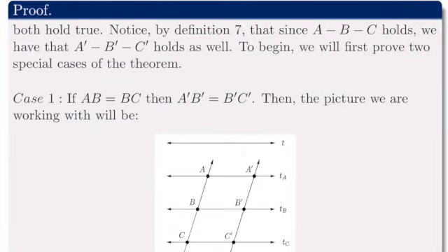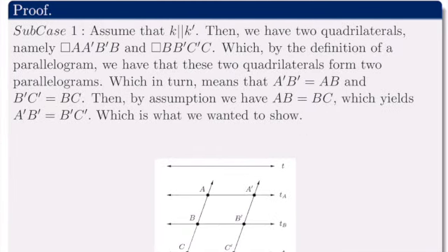So this actually concludes the first case of the theorem. Going back, in our first case we wanted to prove that the distance between A and B equal to BC implies that the distance between A prime and B prime is equal to the distance between B prime and C prime. So we took the case where K and K prime were parallel. We saw what happened.